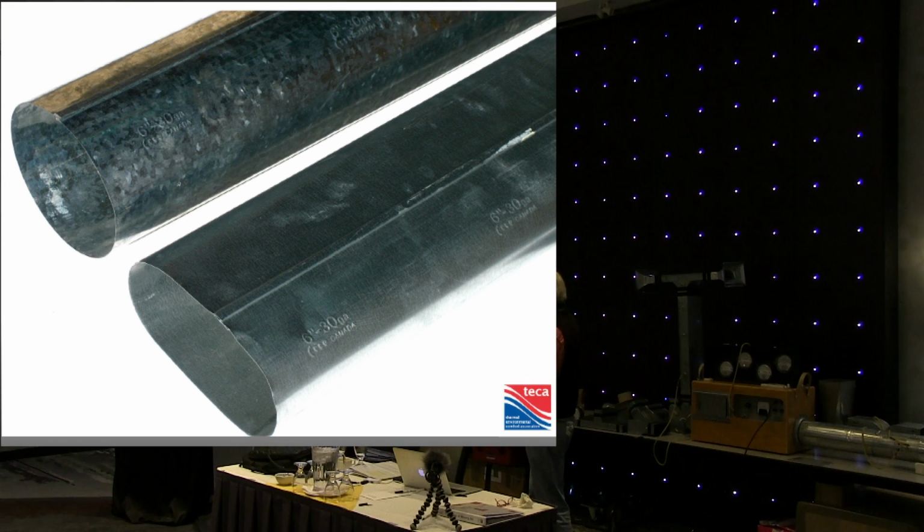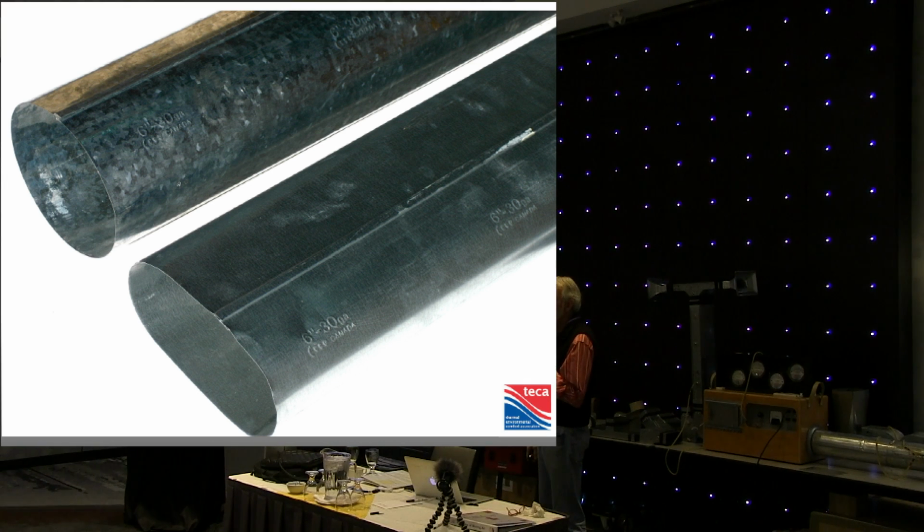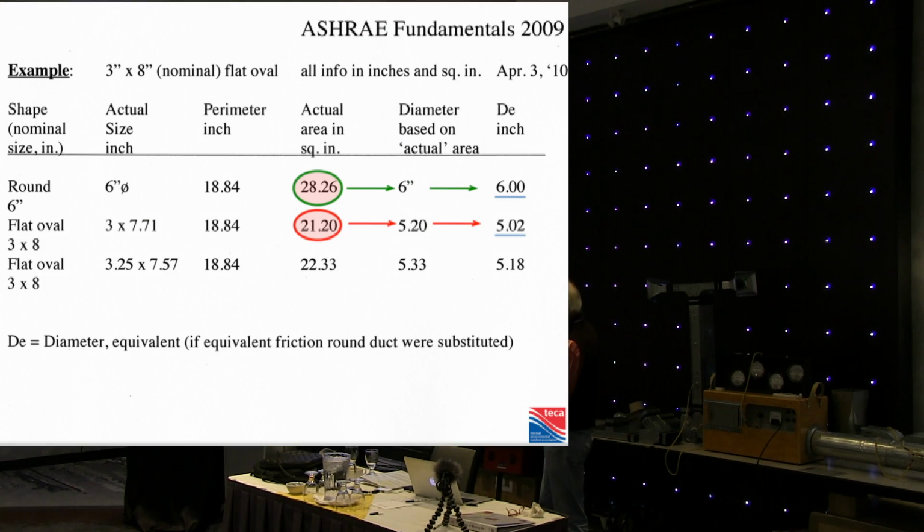Now you can pay Echo to stomp on that duct, or you can stomp on it yourself, whatever you choose, but the net result is the duct is exactly the same. It carries the same label, but they don't do the same job. In fact, if you look at the science of it, our 28 square inches round duct becomes 21 square inches when it's flattened.